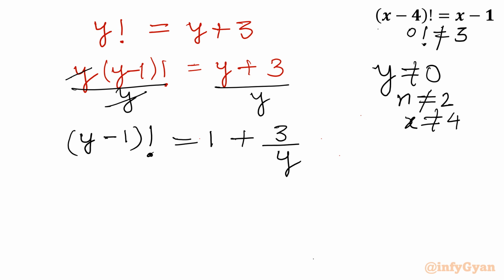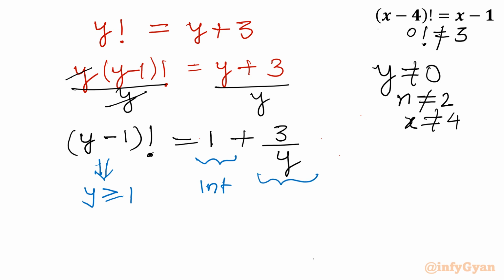Now a few conclusive remarks. Left hand side it is a factorial, so this side will be an integer itself, where y is greater than or equal to 1. So the right side should also be an integer.